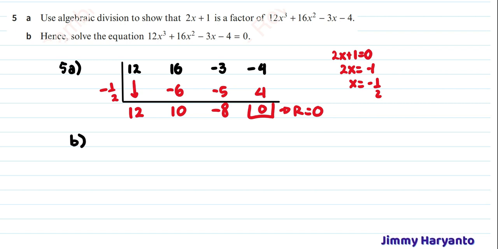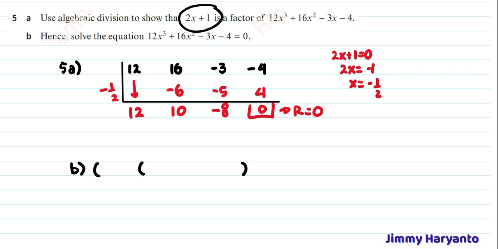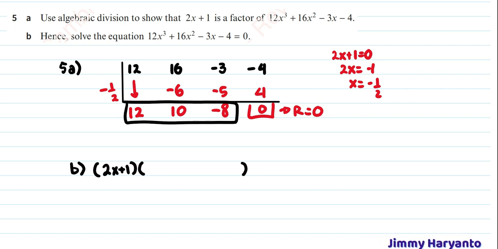And then B, we have to solve the equation. To solve the equation, you have to factorize. Because you have to factorize, you have to rewrite the polynomial in factor form. That means we write down 2x plus 1 first, because it is one of the factors, and then we write down the quotient.